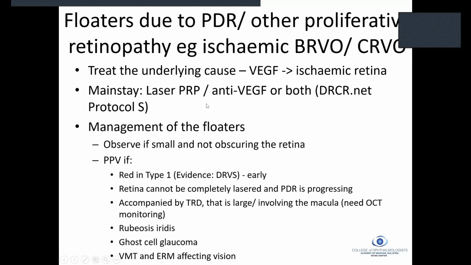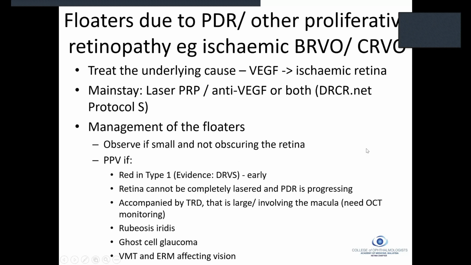However, if you notice that the floaters are not small and they obscure the retina, then you would have to discuss pars plana vitrectomy with the patient. And here are those indications that you recognize. One is if there is a fresh red vitreous hemorrhage in a type 1 patient, the evidence suggests that early vitrectomy is advantageous compared to a more delayed situation in a patient with type 2.